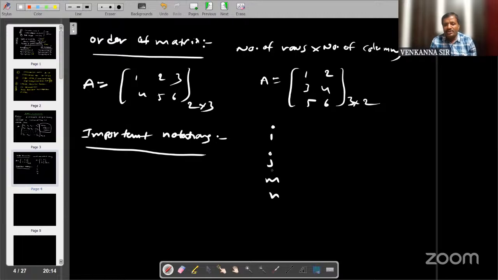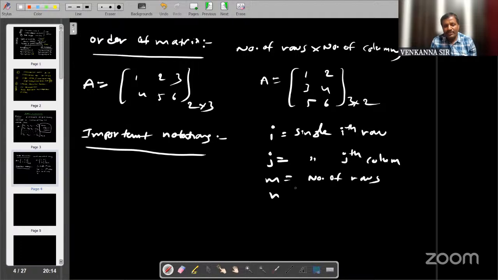These four notations are very important. i represents a single ith row. j represents a single jth column. m represents the number of rows. n represents the number of columns. So here I am going to give an example. What is the significance of i, j, m, n?